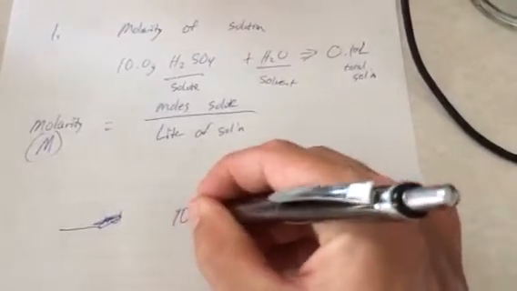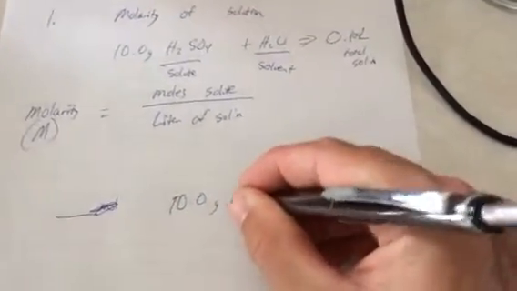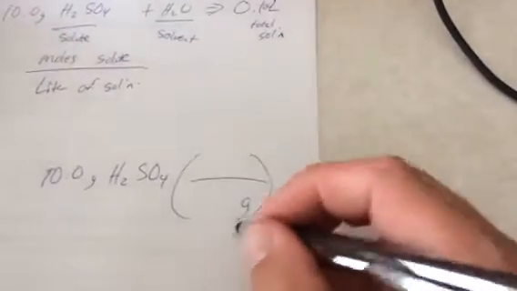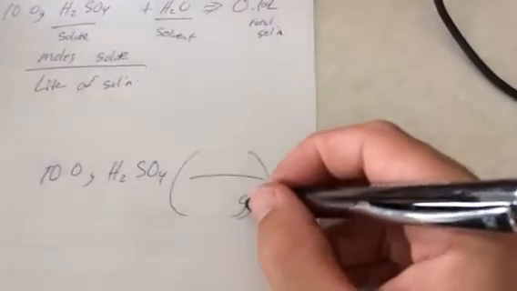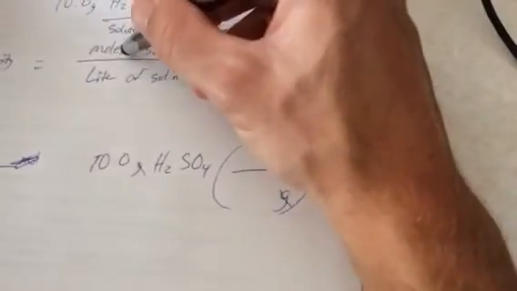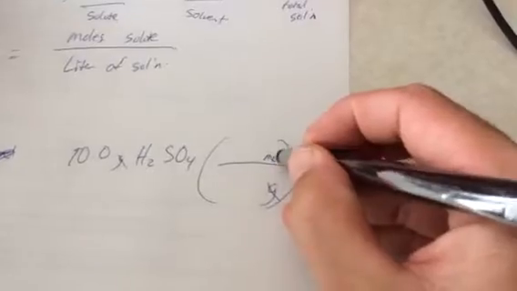We've got 10.0 grams of H2SO4, and we are going to use a conversion factor to convert this. We've got grams right here. We're going to put grams on the opposite side of the fraction so that we can cancel them out. And we're trying to get moles.